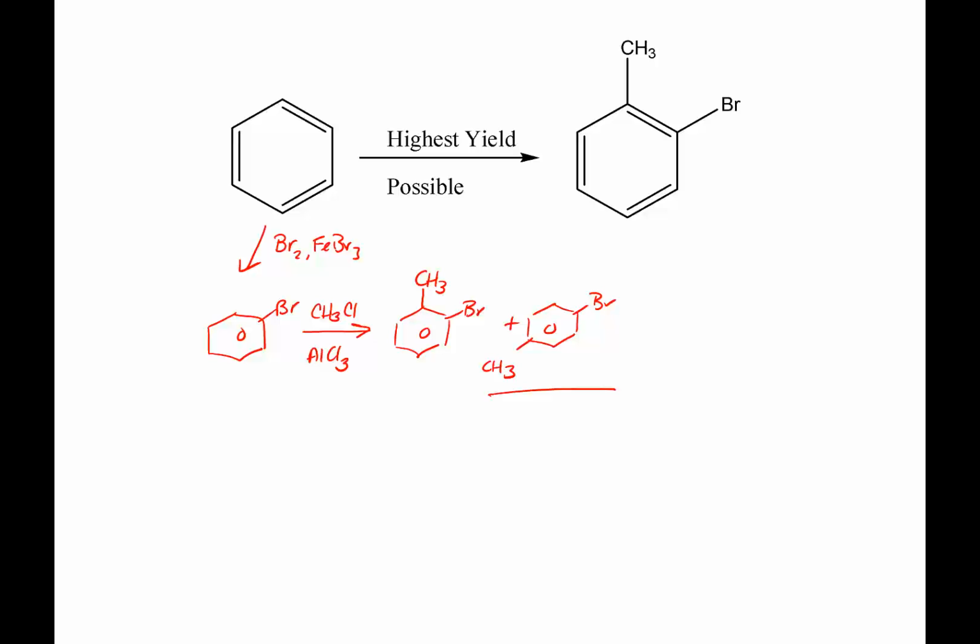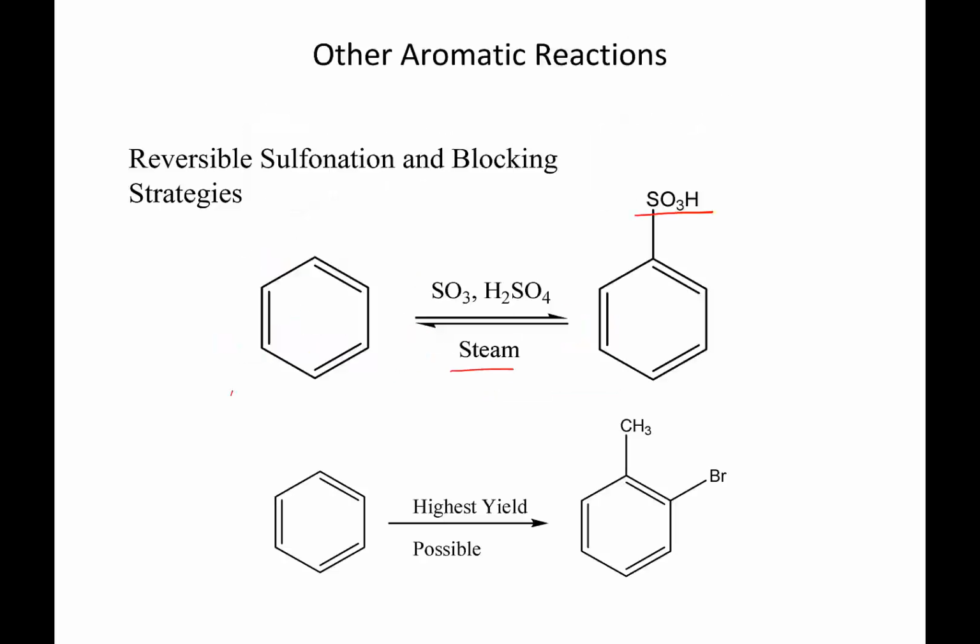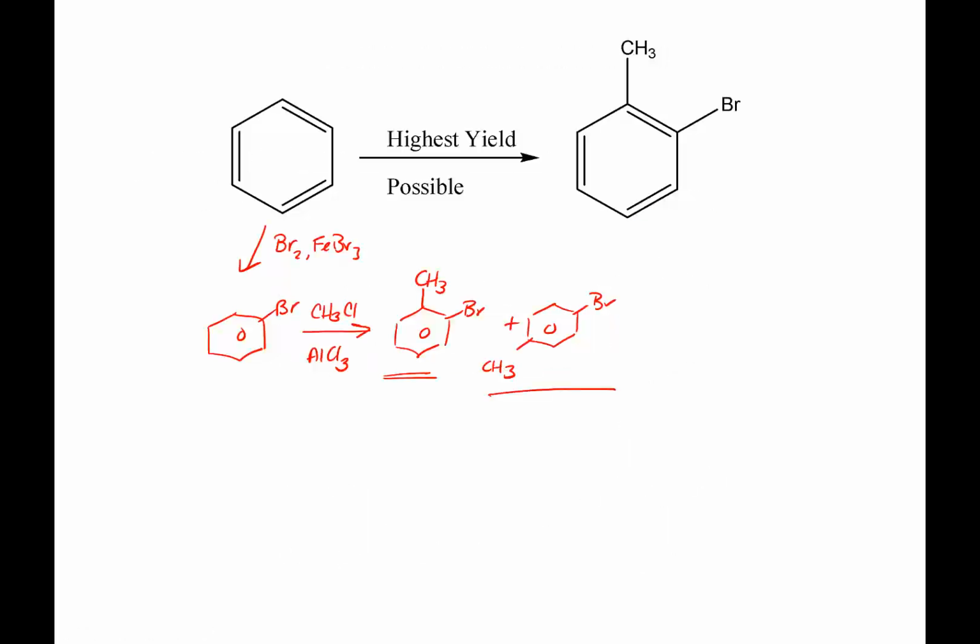So if we're sitting down and thinking about how I can make this compound in the highest yield possible, maybe it's going to take me an extra step. But I need to make this and not that. So instead I might say, let's add SO3 and H2SO4 to my bromobenzene.